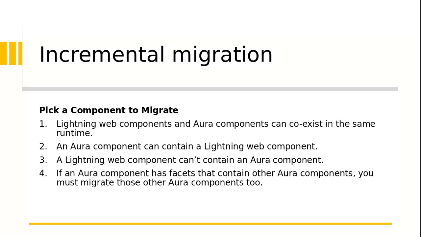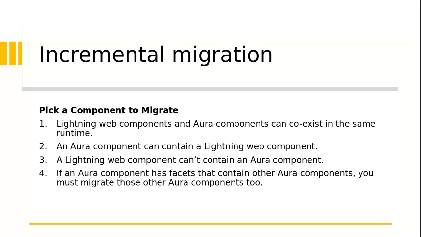So the first thing we did, right, we picked a very small component, which is a medium-sized complexity, and then we worked on the things which we could do in this time frame, and certain things we had to take into consideration, right? Even Salesforce agrees the Lightning Web component and Aura component can coexist in the same runtime. So there's no problem with that.